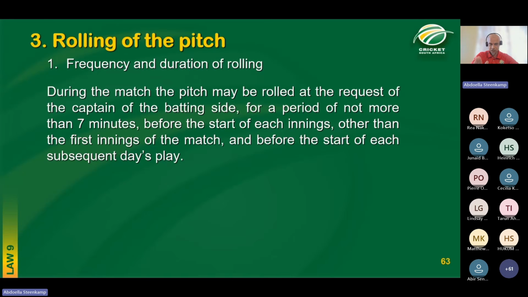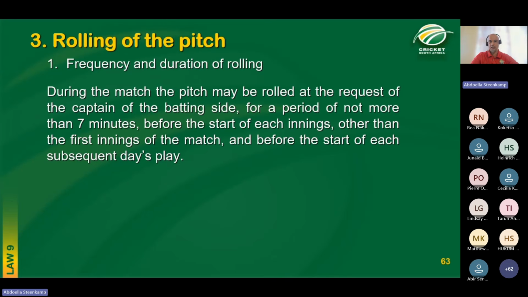So what happens during this 10-minute change of innings interval? The on-field umpires will ask the captain of Zimbabwe whether he or she wants rolling, and if they do, how long they want rolling to be and which roller they want. Let's say there are 3 rollers available. We'll tell the Zimbabwean captain there are 3 rollers: big, heavy, or hand.